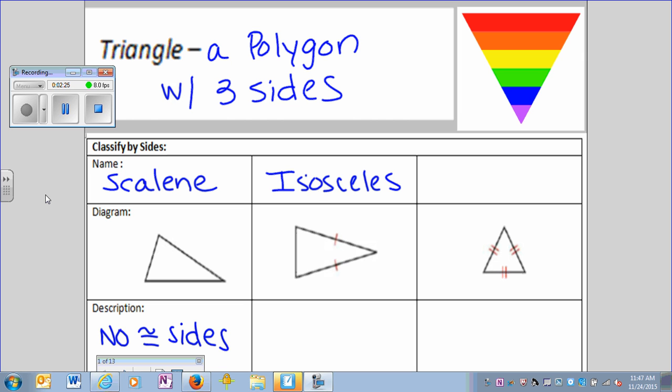This one's actually really tricky because up until now, they do teach you 2 congruent sides, but there's actually some words we need to add in there. An isosceles triangle has at least 2 congruent sides. So an isosceles triangle can have more than 2 congruent sides, and it's still isosceles.